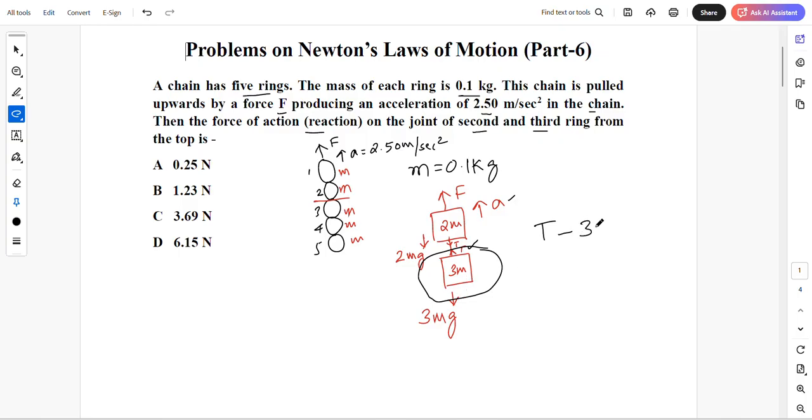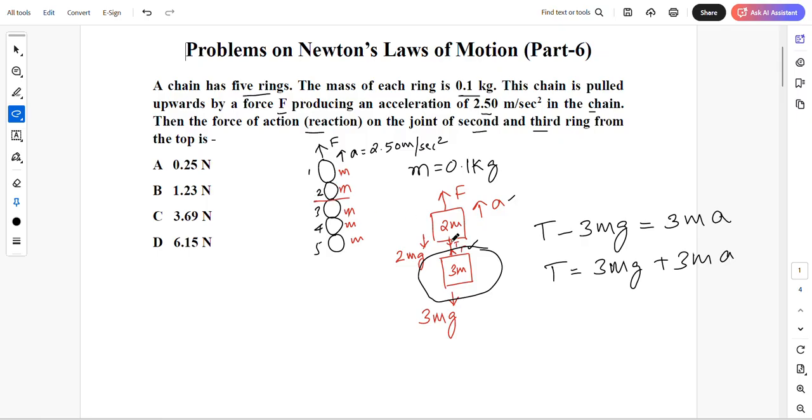Minus 3 mg. Very good. चलाने वाला minus रोकने वाला is equal to mass into acceleration. Mass is 3m into a. From here I can calculate tension. T is equal to 3 mg plus 3 m a. Hope you have understood.